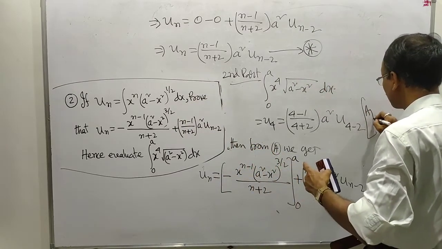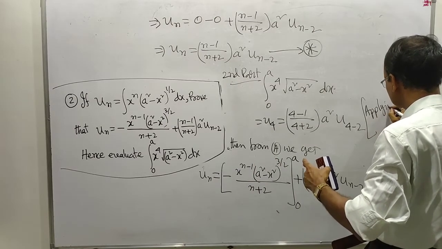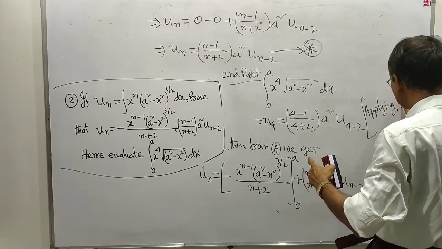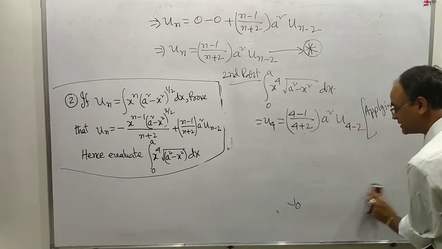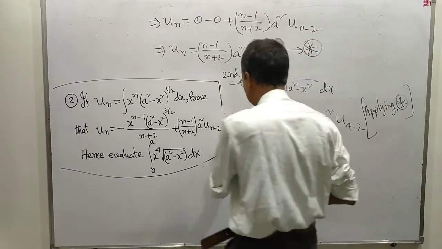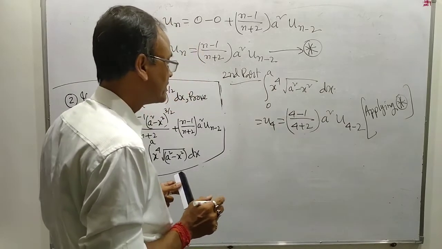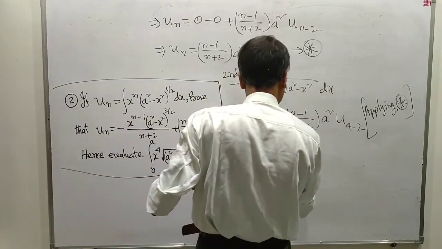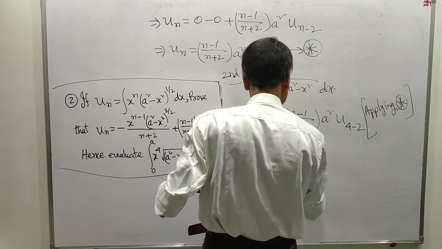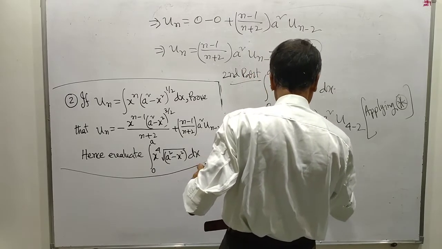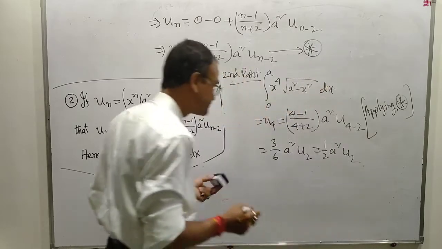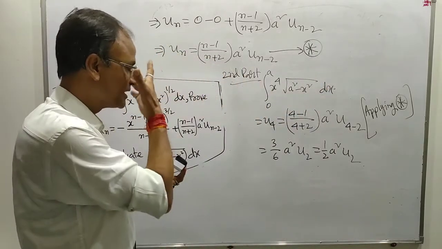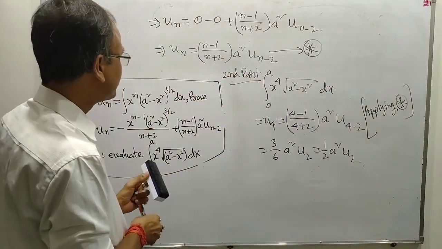You may write here, applying star. Applying star, you will get this one. This is equal to 3 divided by 6 a square u2, which is equal to 1 by 2 a square into u2.